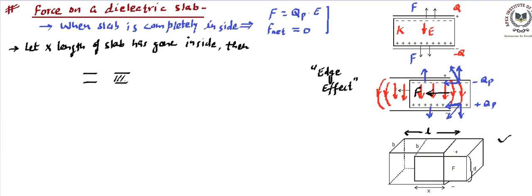The dielectric slab has come inside, and this plate and this plate will have the same potential, so we can connect like this, and we can think of these two capacitors as connected like this, and we are interested in finding the capacitance between these two terminals. If we call them C1 and C2, what will the equivalent C be? Can we say they are connected in parallel? In case of parallel, our answer becomes C1 plus C2.